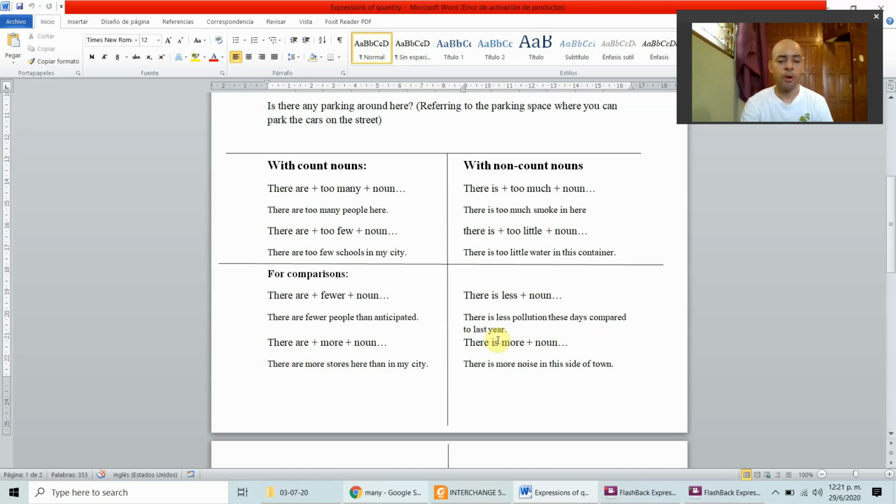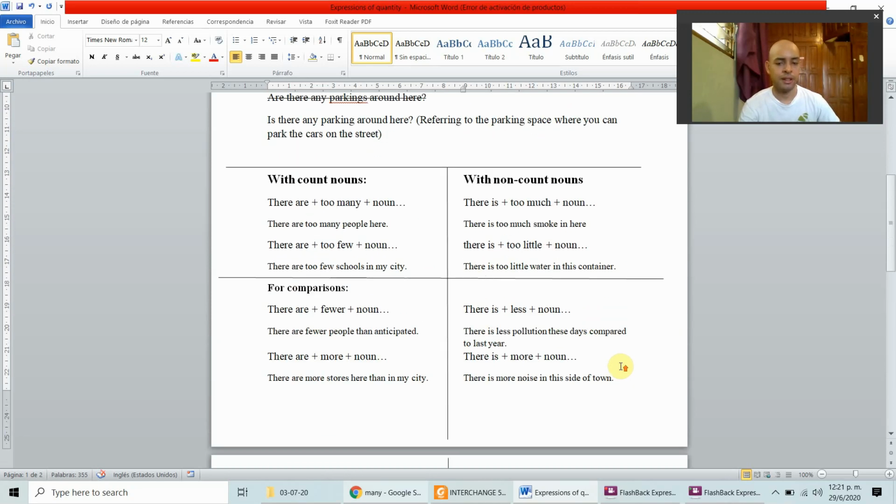There is more plus noun. Let me write this here, it's better. There is more noise on this side of town. There is more noise here on this side of town than in other places.